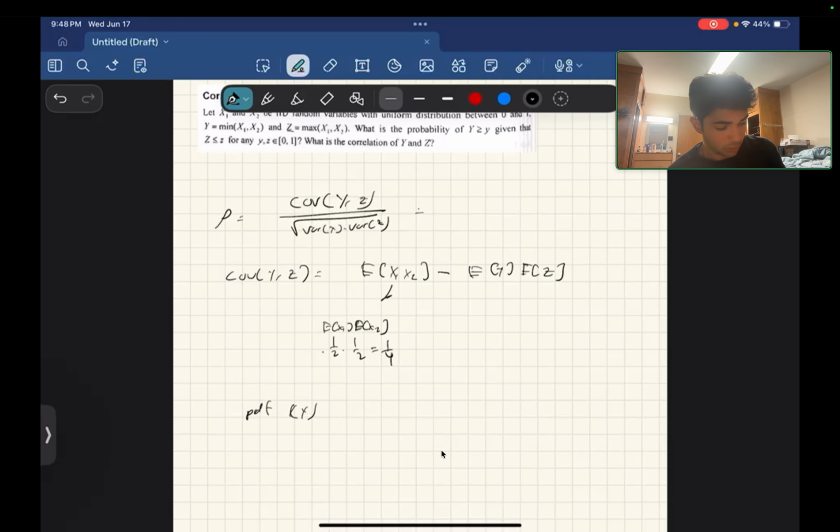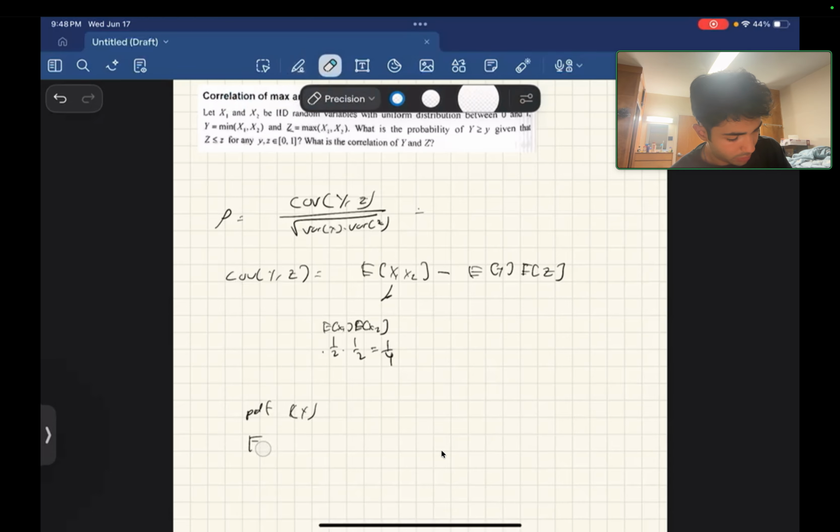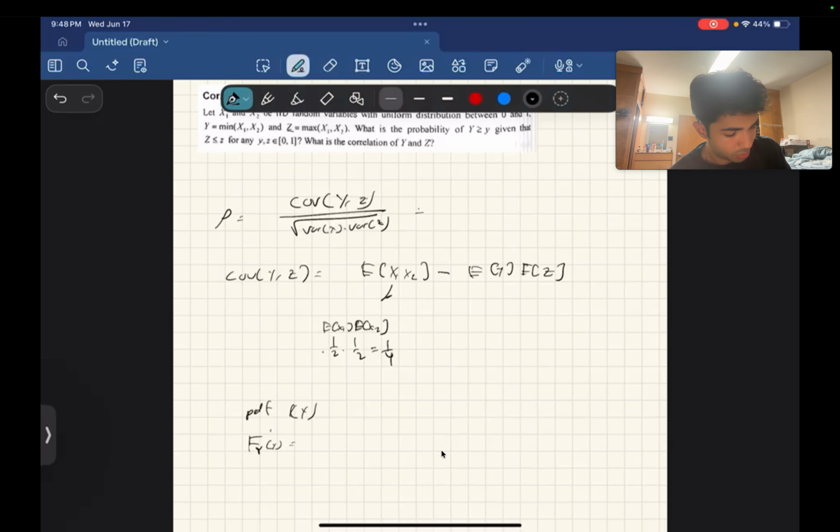So f of y prime is equal to the PDF of y.